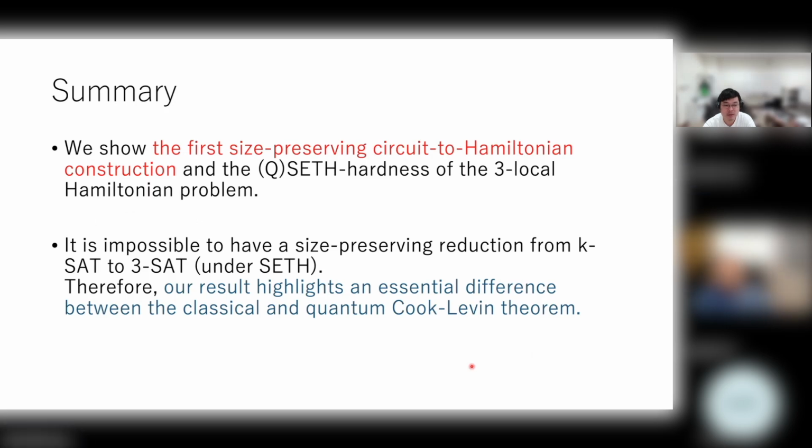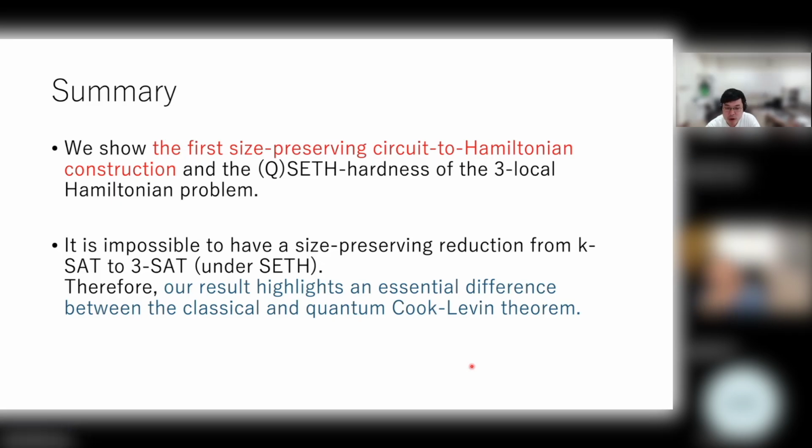In our work, we show the first size-preserving circuit-to-Hamiltonian construction. We also show the SETH and QSETH hardness of the 3-local Hamiltonian. For 3SAT, we have a faster exponential time algorithm.